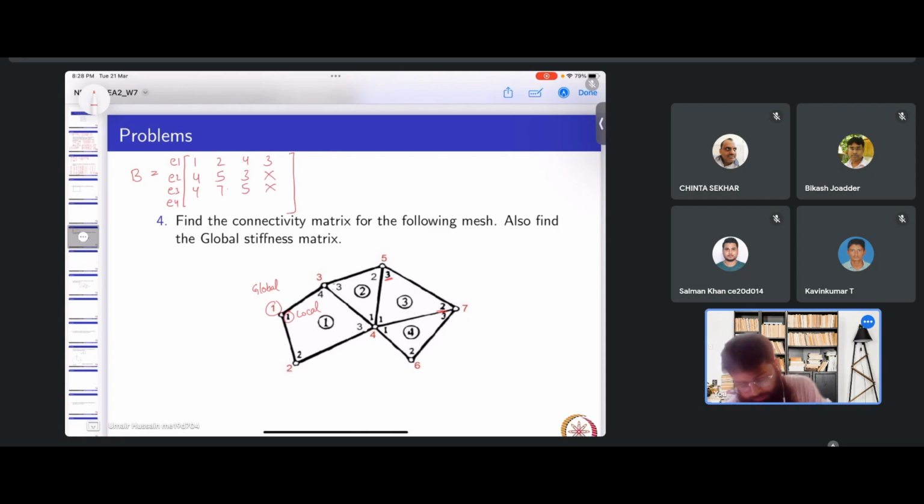Again nothing in the fourth column. For element 4, local node 1 is global node 4, local node 2 is global node 6, and local node 3 is global node 7. So this is the connectivity matrix.